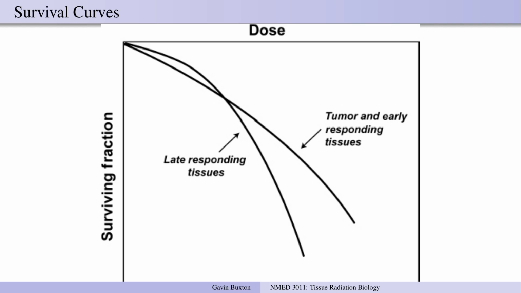That will play a really huge part in how we can treat tumors with radiation while sparing normal tissue, especially if it's late responding tissue that might be in the vicinity of the tumor, and we really don't want to hurt that, right? We want to just hurt the tumor.